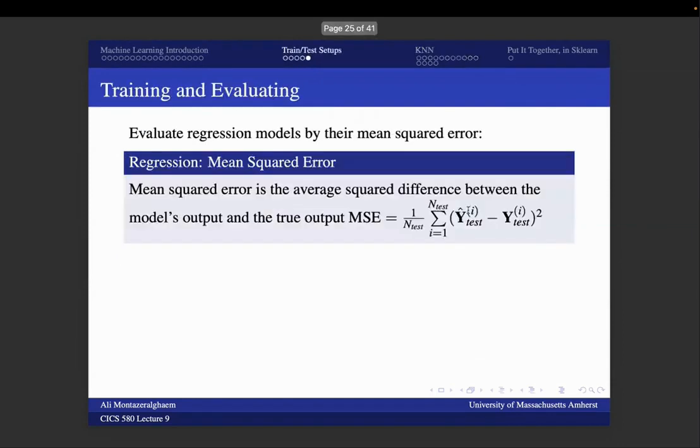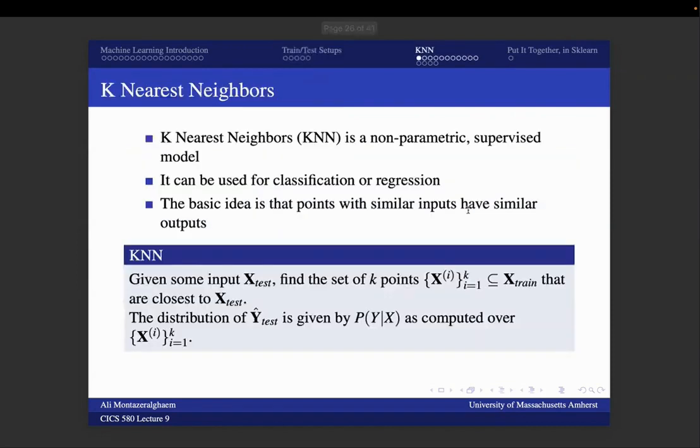So that was the content for machine learning. And now I want to talk about k-nearest neighbors. You have some problems in assignment 5 about k-nearest neighbors. The k-nearest neighbors is a non-parametric and supervised model in machine learning.